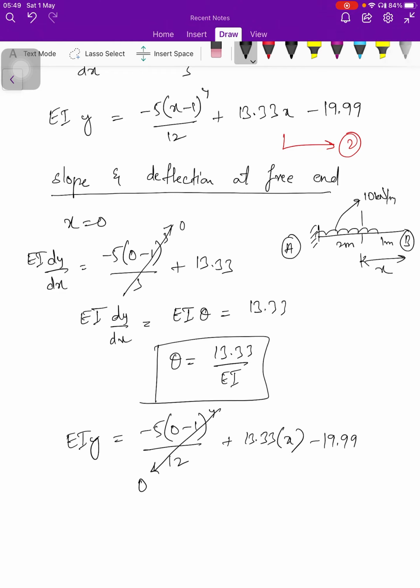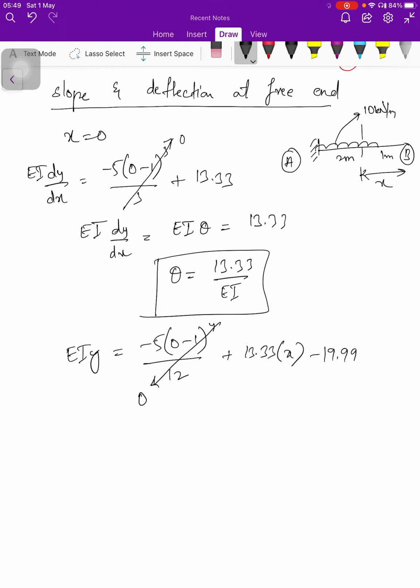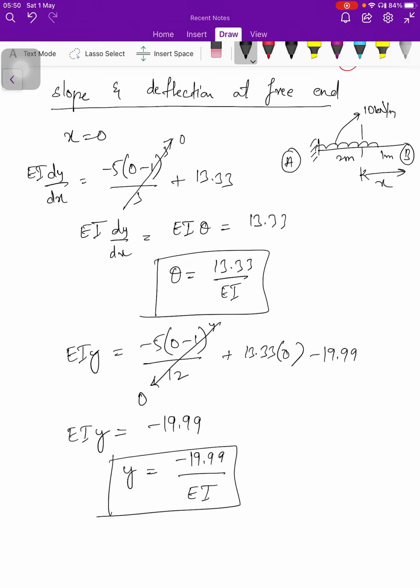This is to be neglected. Why? Because the term inside the bracket is becoming negative, and this is multiplied by x, so it is multiplied by 0. This is equal to EI y is equal to minus 19.99, or y is equal to minus 19.99 by EI. Now this is your slope and deflection at the free end.